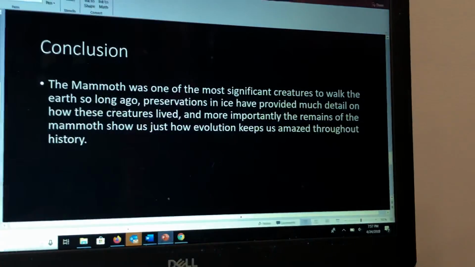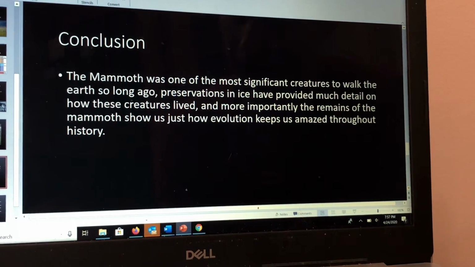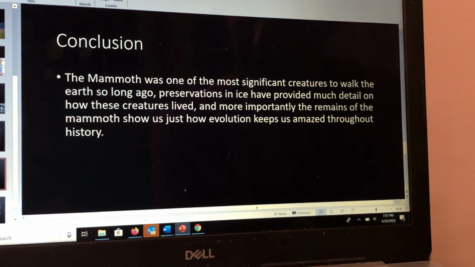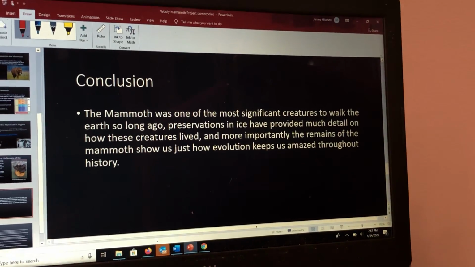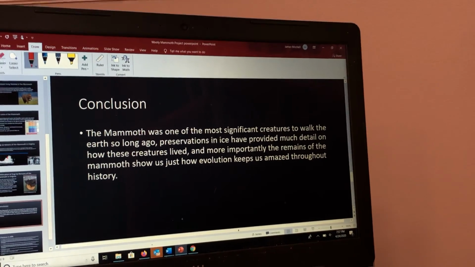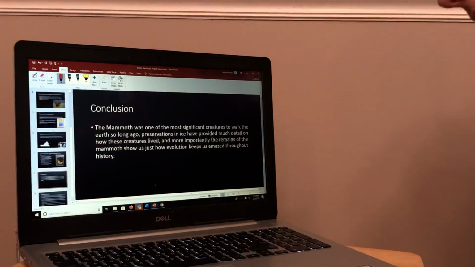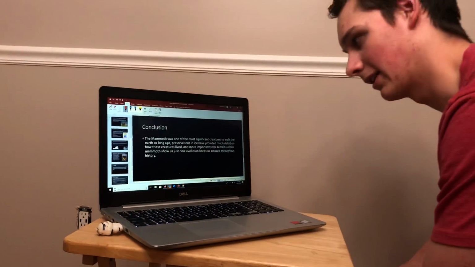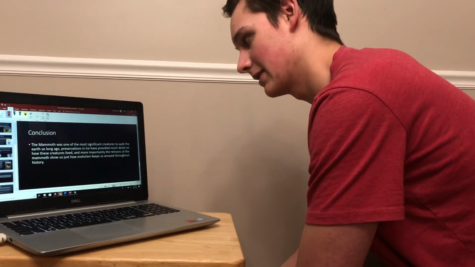Moving on. Conclusion, the mammoth was one of the most significant creatures to walk the earth a long time ago. Preservation in ice has provided much detail on how these creatures lived, and more importantly, how evolution changes through history.